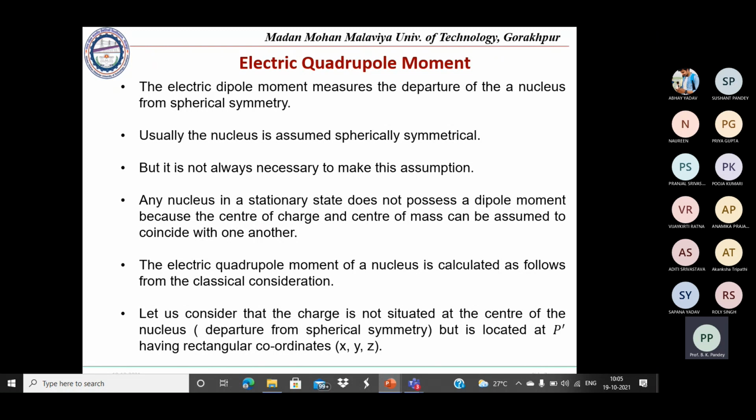Let us consider the charge is not situated at the center of the nucleus. That is, it has departed from its spherical symmetry, but it is located at P dash, having the rectangular coordinates x, y, z.